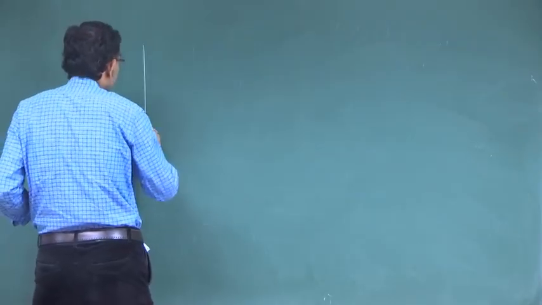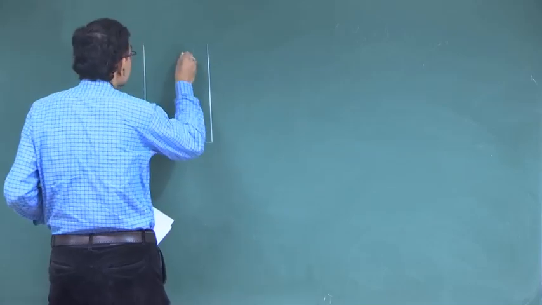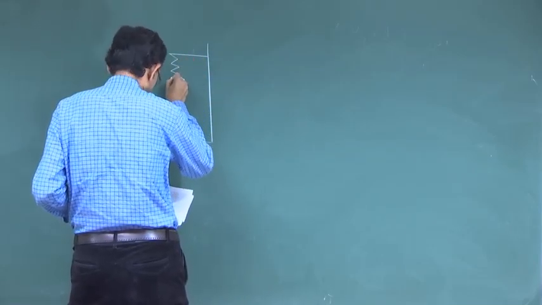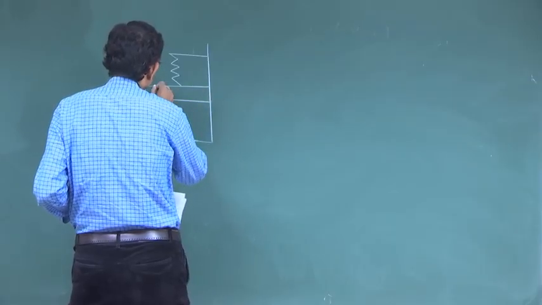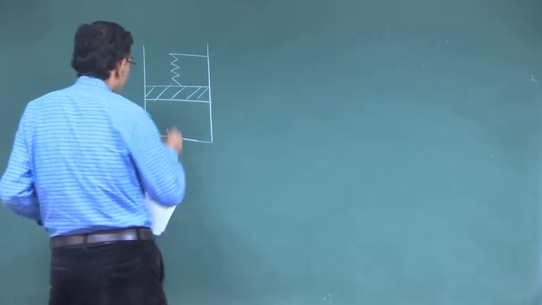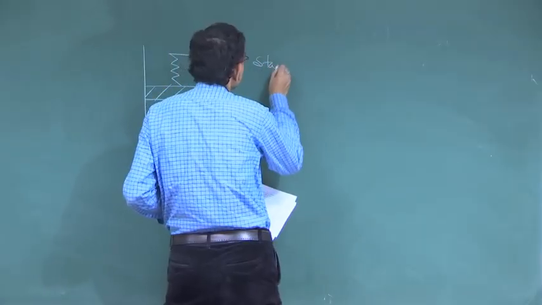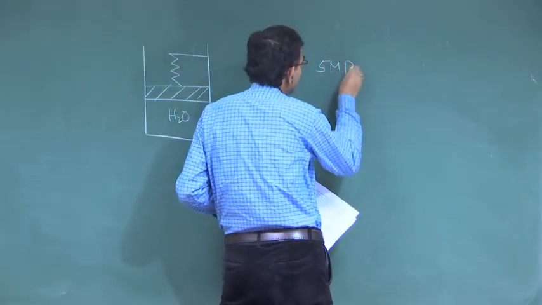We draw the schematic of this problem. You have water, state 1, 5 MPa 400 degree centigrade.